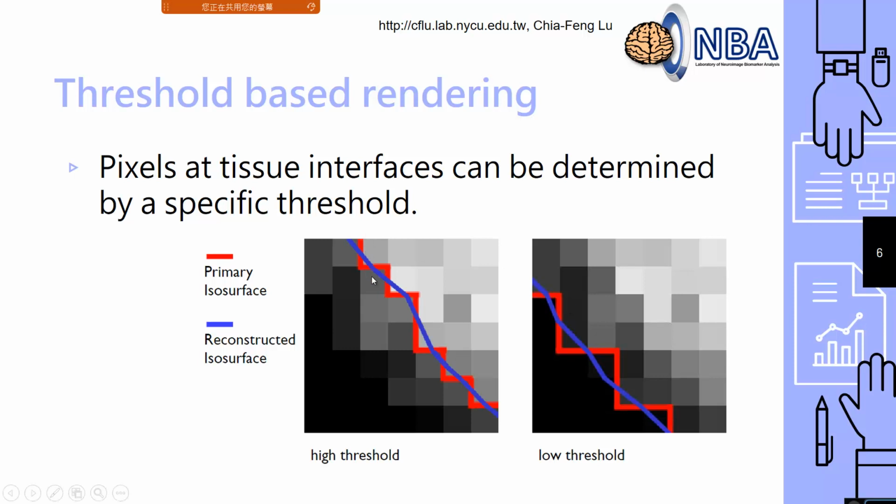But if we'd like to create the surface model, what do we need to do? We need to do the thresholding, or again, the binary technique right here. We need to determine where is the area that I'd like to keep and where is the area for the background. So you need to determine a cutoff value right here. So for example, if you are using a higher threshold, for example, 250, you may find out this kind of boundary or border.